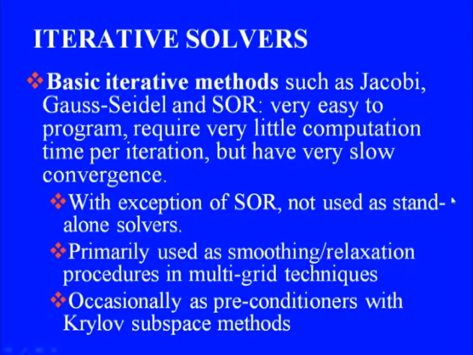One more attractive feature of these basic iterative methods is that they are very easy to parallelize. That is to say, if you want to use a massively parallel computer with multiple cores, wherein we would like to solve one subset of the problem on different cores, these Jacobi, Gauss-Seidel or SOR methods can be easily written for such machines.